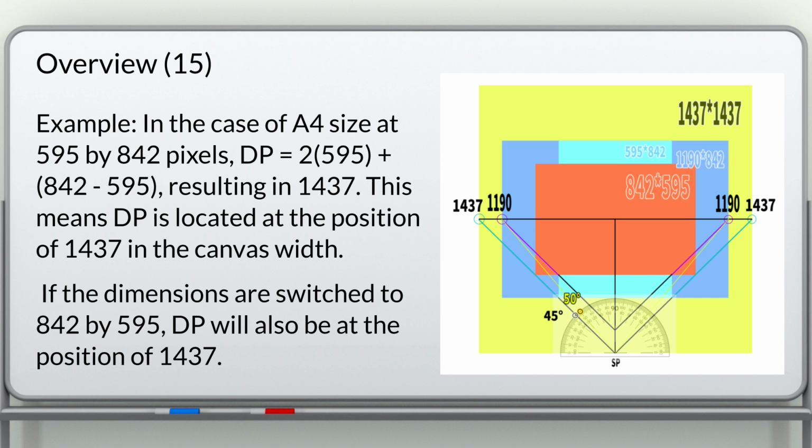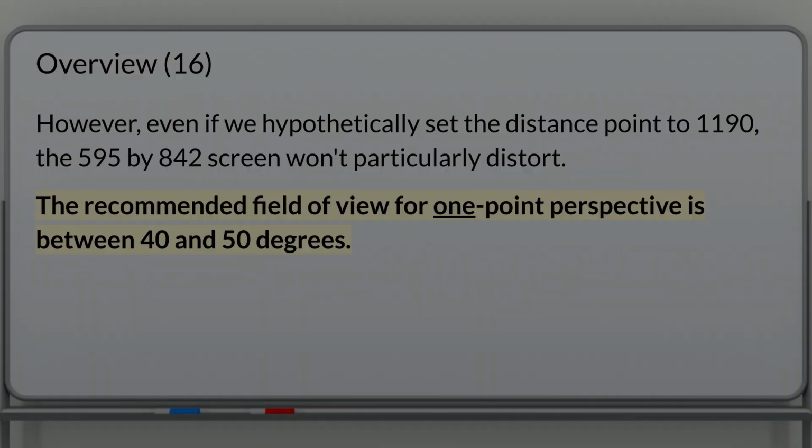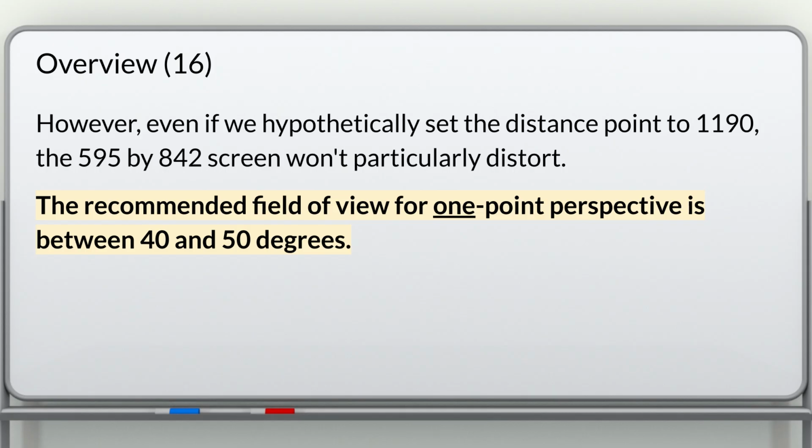If the dimensions are switched to 842 by 595, DP will also be at the position of 1437. However, even if we hypothetically set the distance point to 1190, the 595 by 842 screen won't particularly distort. The recommended field of view for one-point perspective is between 40 and 50 degrees.